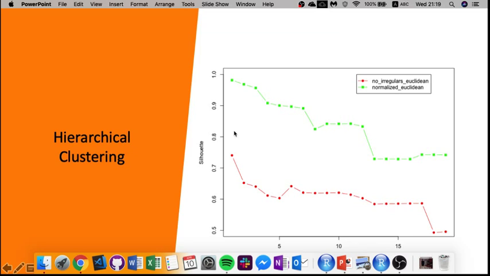What we can see here, and what we will use for our project, is that with hierarchical clustering we can take 5, 6, 7 clusters, which is more than the 6 that we took from k-means, with a silhouette value of 0.9.